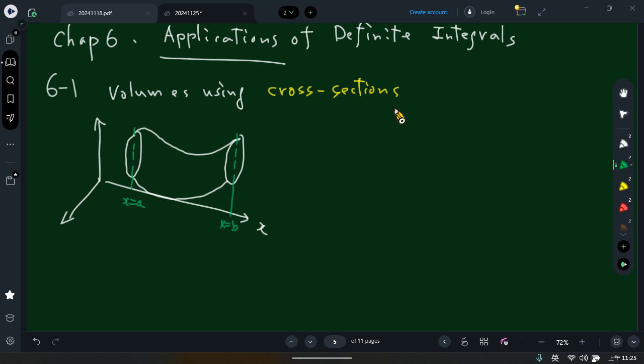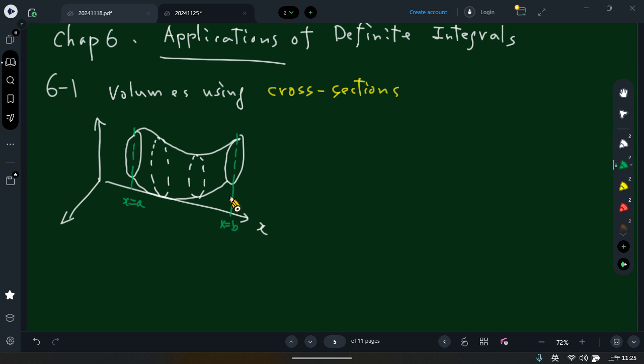Just imagine that this is a solid in the space. If I want to know the whole volume, what can I do?